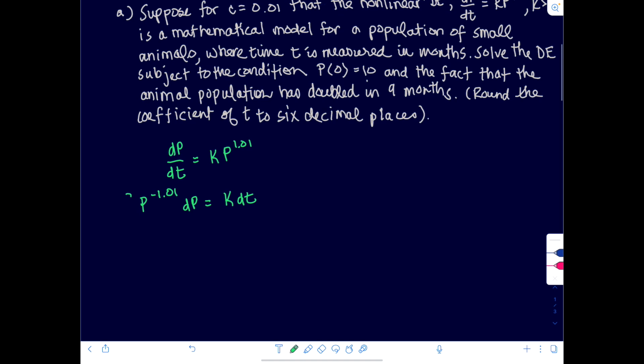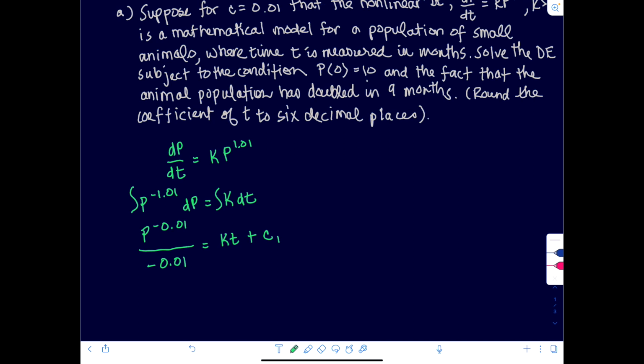And then integrating both sides, when we add 1 to this exponent, we'll get P to the negative 0.01 divided by negative 0.01, just that power rule, is equal to k times t plus some constant. We'll call it c1. Groovy?